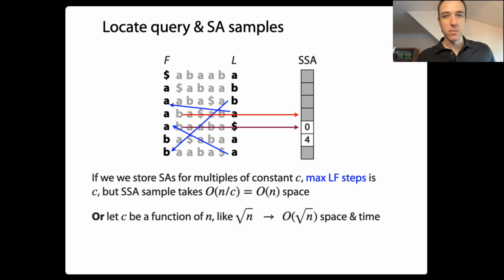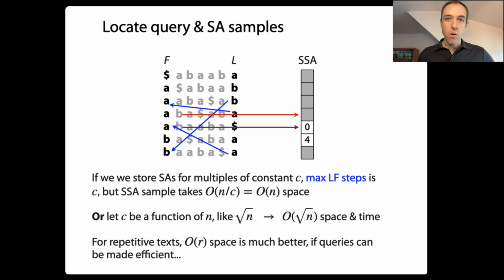We have this choice. Even that function of n, though, is a large price to pay if our text is very repetitive and we know, or hope at least, that we could take advantage of that repetitiveness, right? This doesn't really take advantage of repetitiveness in any way, even if we try to make our sampling interval be a function of n.